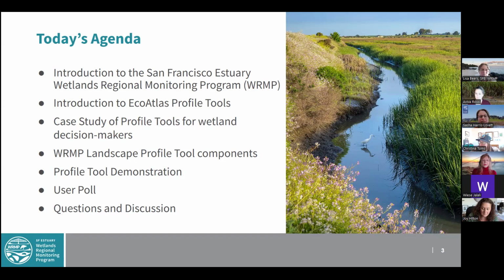Then we'll dive into the WRMP landscape profile tool and teach you how to use it, and about all the different components and what it includes. We'll have a short poll at the end, and then time for questions and discussion. So I will turn it over to Lisa Beers, one of the co-lead scientists for the WRMP, to give the introduction to the program.